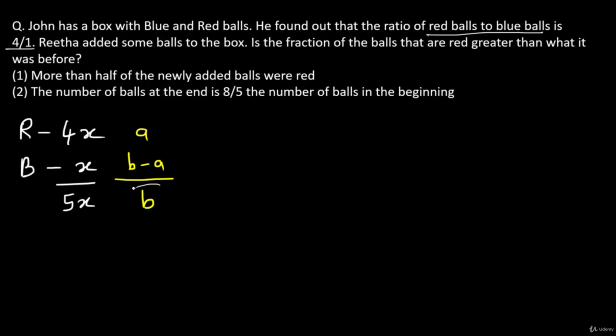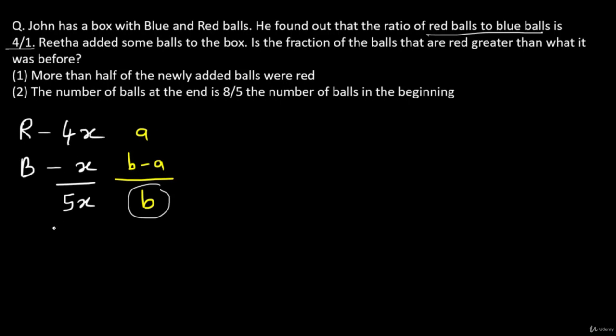Now Rita added B more balls, out of which A balls are red. Now we need to find out whether the final fraction of the red balls is greater than the initial fraction of the red balls. What was the initial fraction of the red balls? That is red balls by total number of balls, which is 4x by 5x, which is 4 by 5.